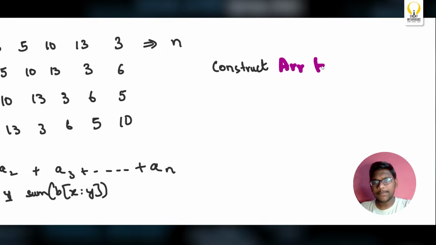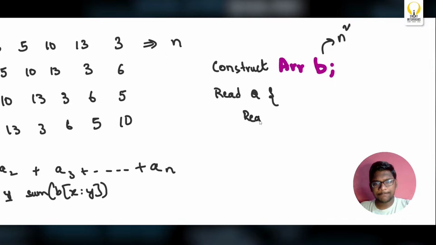You'll construct array B, which is of size n square. Okay. Now, what's the next step? You'll read queries. For each query, what do you do?